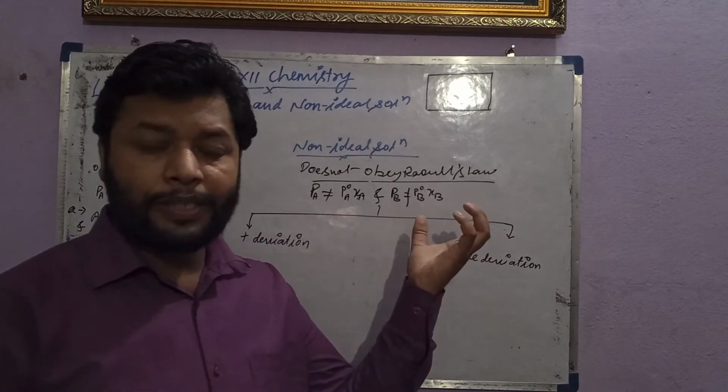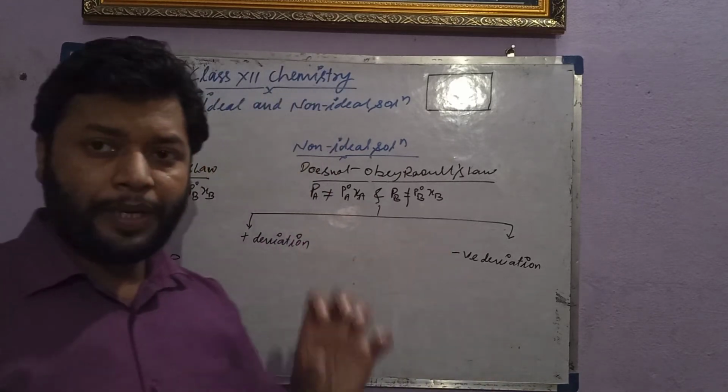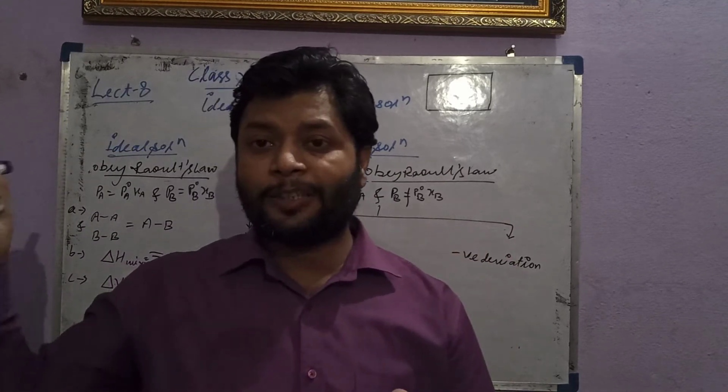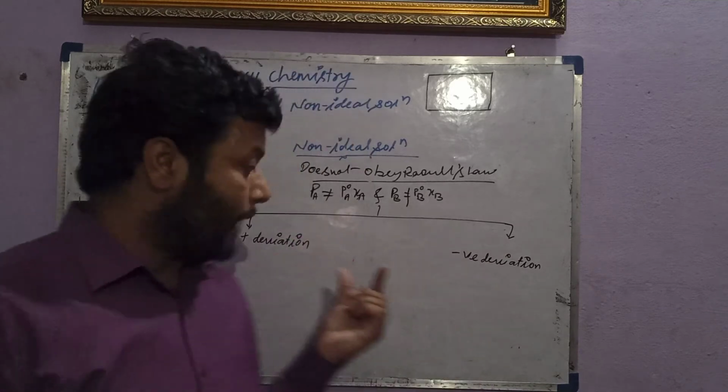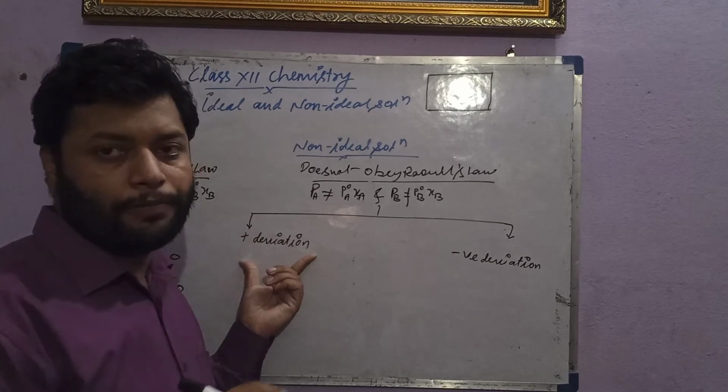The observed pressure is greater than the expected pressure from Raoult's law. That is called positive deviation from Raoult's law.